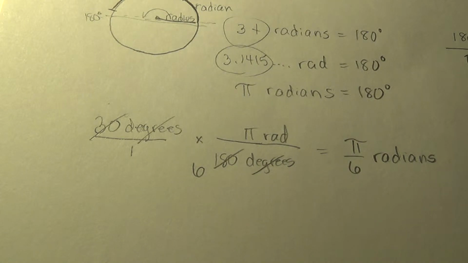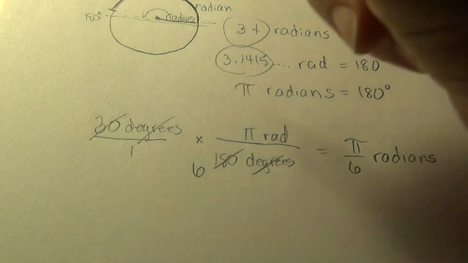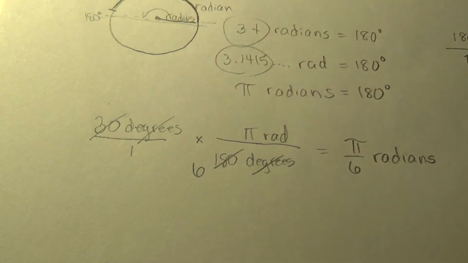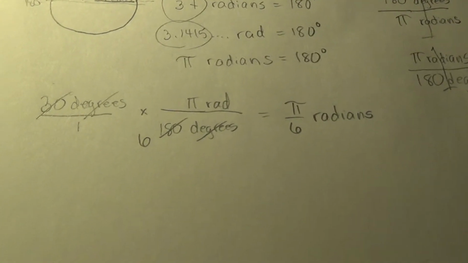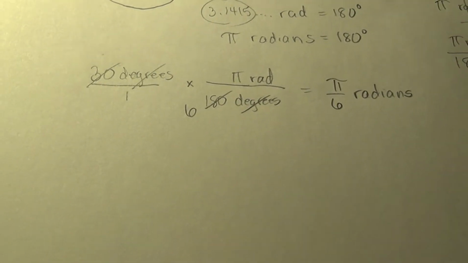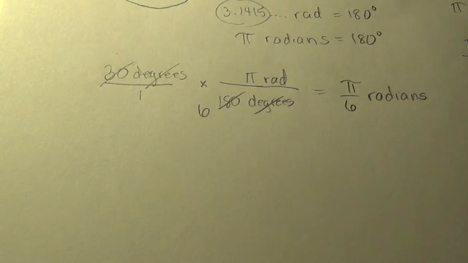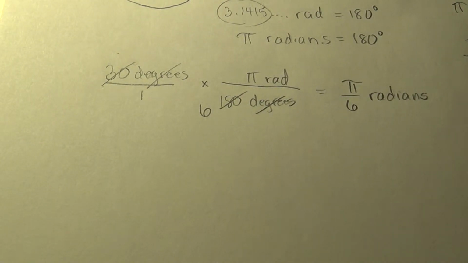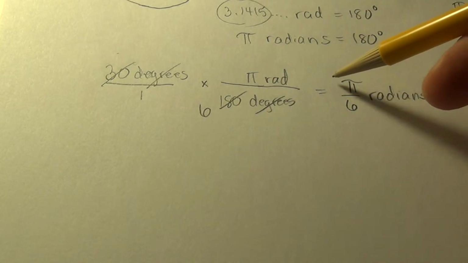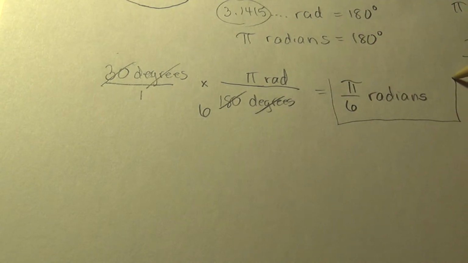I can represent distance around a circle in degrees or radians. The reason we changed to radians is many principles in pre-calculus and above, in higher courses, will only work in radian measure. So radians will probably be the way you actually think in a circle by the end of this course.